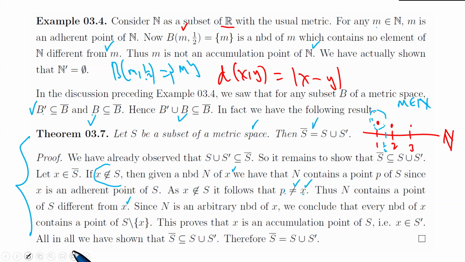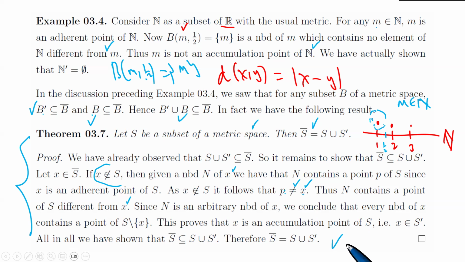All in all, we have shown that the closure of S is a subset of S union S primed, the derived set. Therefore, we have shown both directions of the set inclusion.